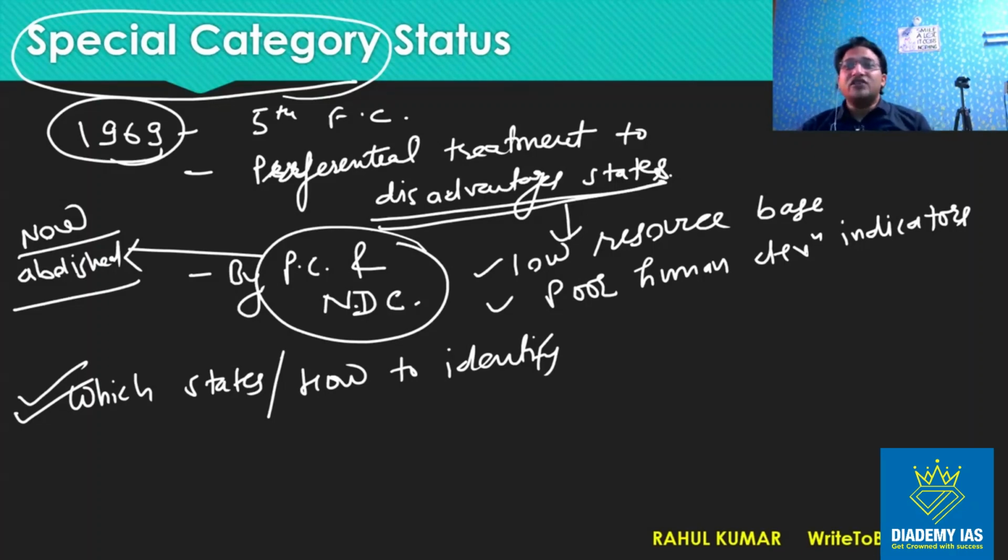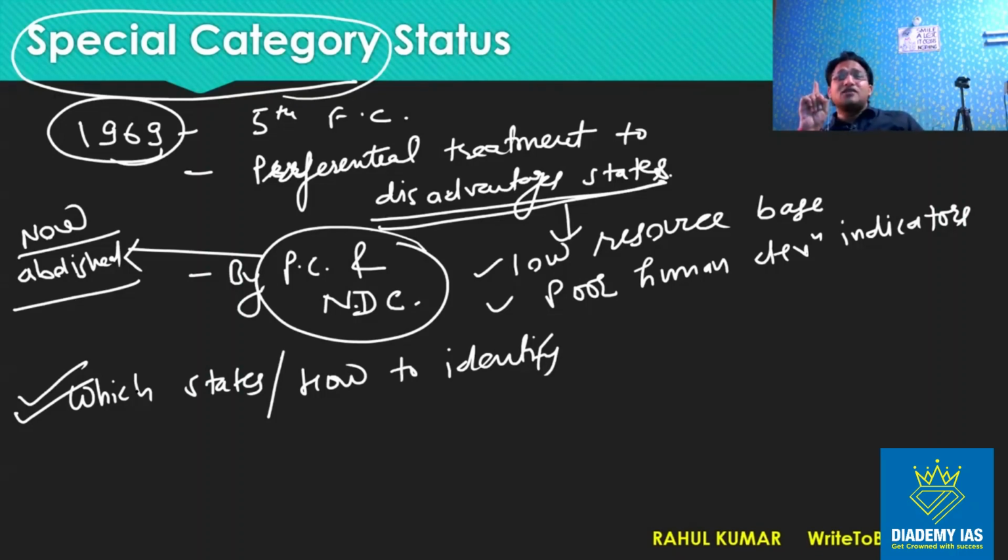So those states which are hilly and have difficult terrain, for example, Himachal Pradesh, maybe Uttarakhand, or some northeastern states, right? Or secondly, these states can be low population density states and having a sizable share of tribal population. So as of now, just understand. I will show you the slide.